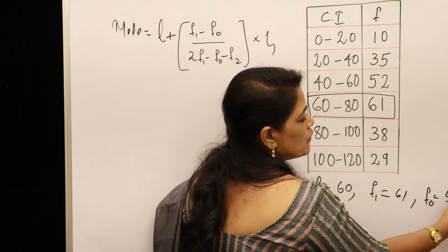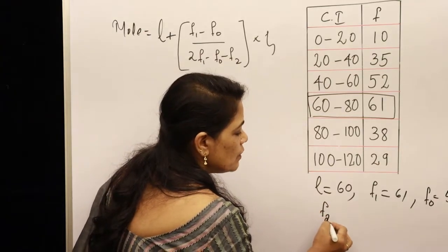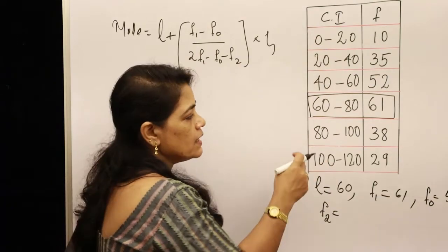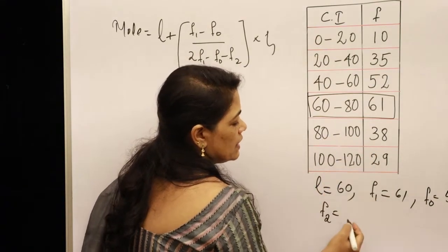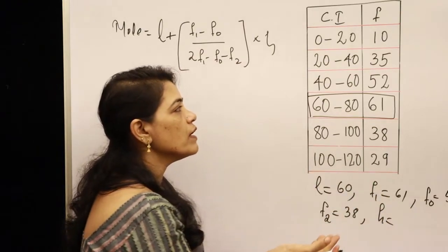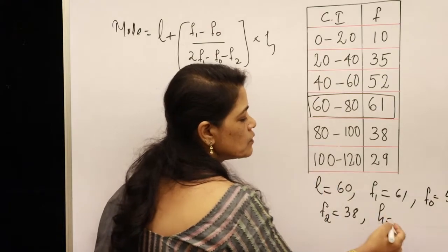F2 is the frequency of the class after the modal class, that is 38. H is the class size, upper limit minus lower limit, both having the same width, so no problem at all.